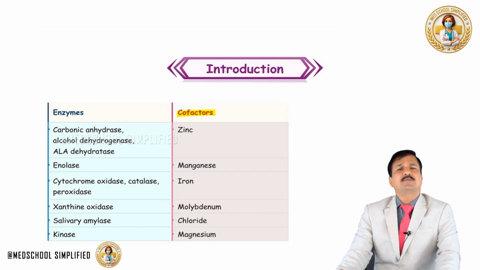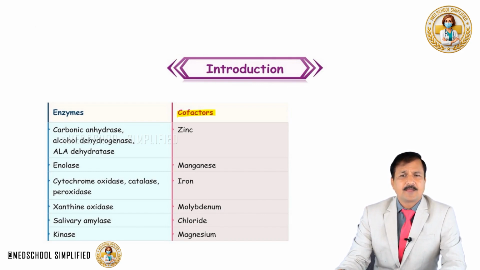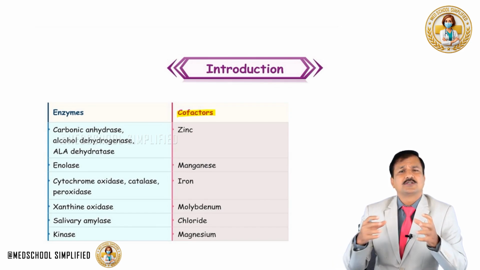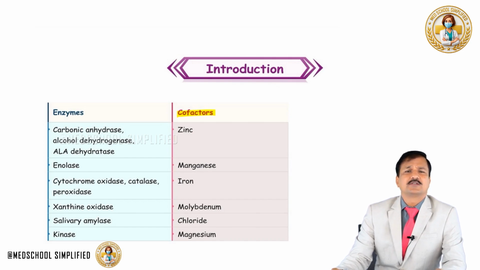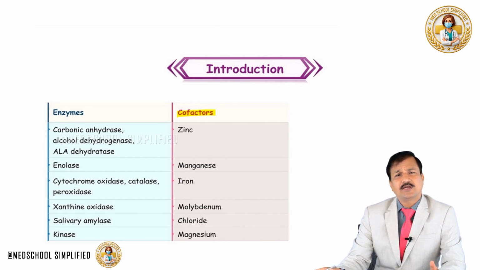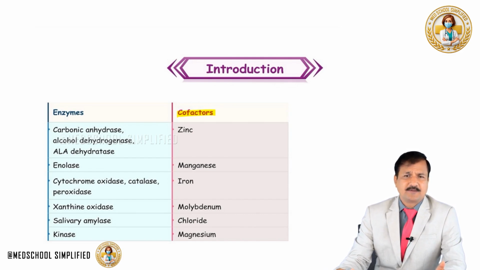If the enzyme binds with a metal ion, and if the enzyme activity is increased in the presence of the metal ion, we refer to that kind of enzyme as a metal activated enzyme. If a metal ion strongly binds with the enzyme as a prosthetic group, we call it a metalloenzyme. So metal activated enzyme and metalloenzyme, these are the two names here.